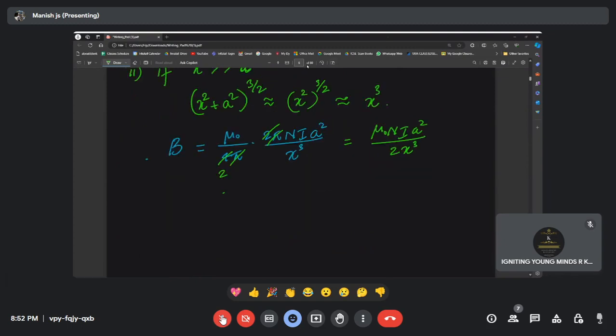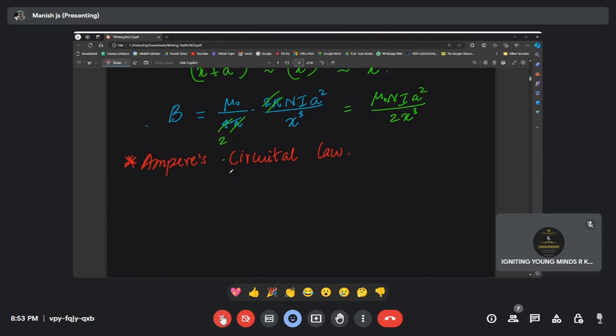Now moving on to one more important concept. There is a law called Ampere's circuital law. What does it give you? What relation does it give you? Ampere's circuital law gives you the relationship that the magnetic field due to a straight current carrying conductor is going to be circular.